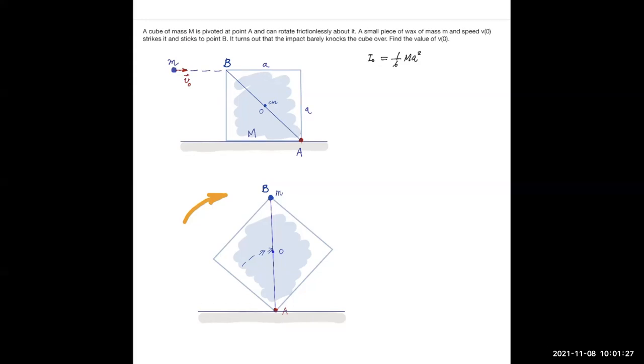It's the supporting force through the pivot point A. That's what pins the cube at point A. This point A of the cube cannot move. If you remove the supporting force from there, as the cube is being struck by this piece of wax, the entire cube is going to slide forward. Point A will move. And the external force at point A prevents that from happening, so you don't have conservation of linear momentum either.